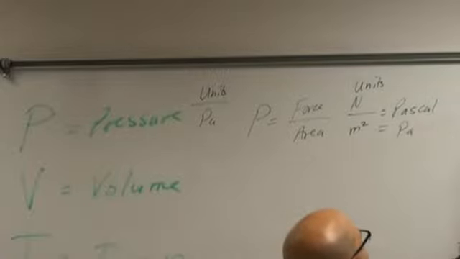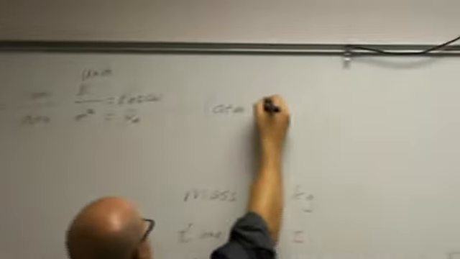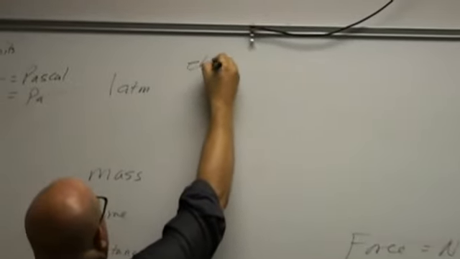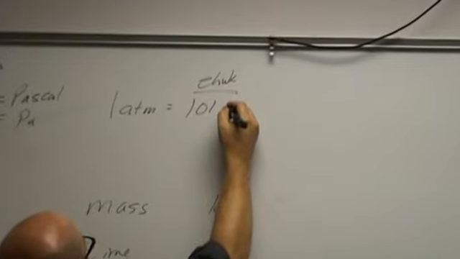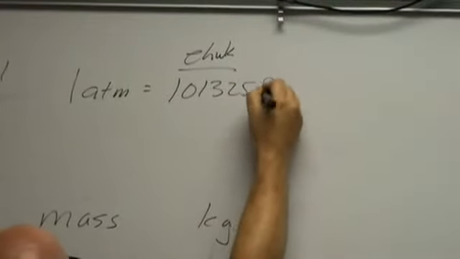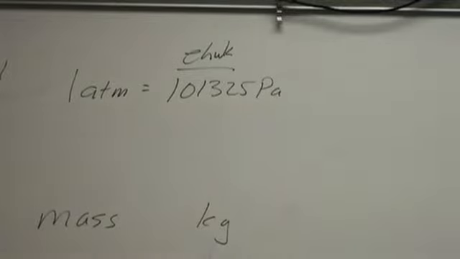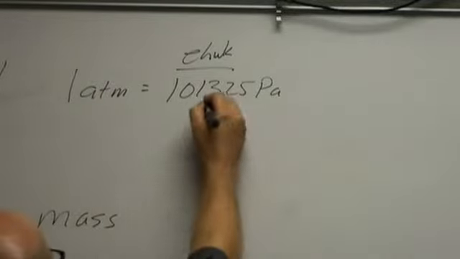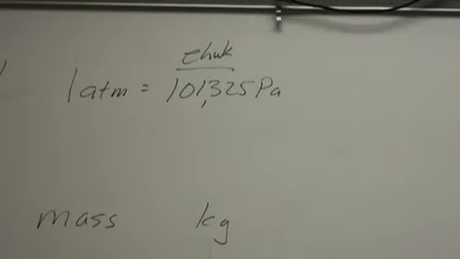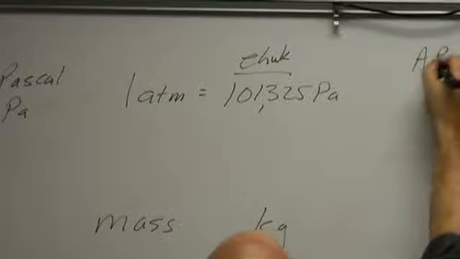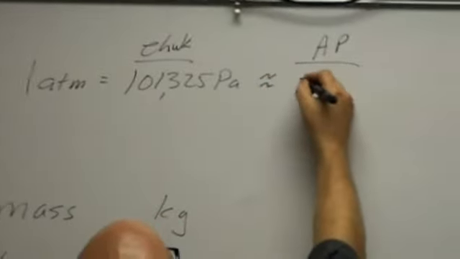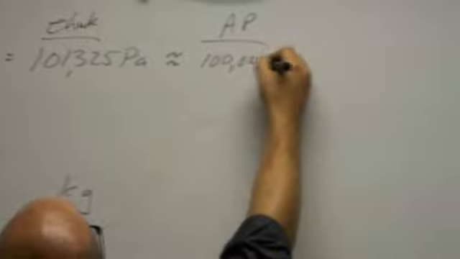So everybody, 1 atmosphere, just write this down. When you're doing e-homework, you will use 101,325 pascals. When you use e-homework, you'll use that because in e-homework, if you're off by 1%, it counts it wrong automatically, right? Even if you're in the ballpark. On the AP exam, they use the approximate value of 100,000.